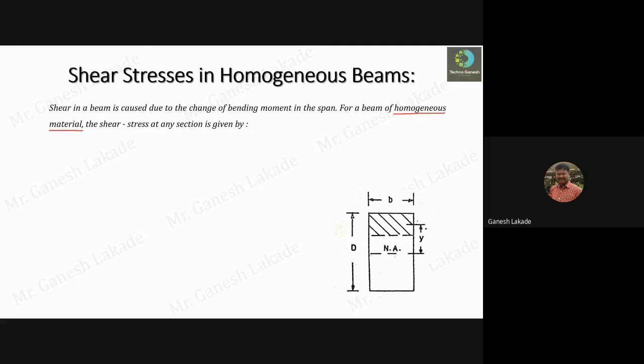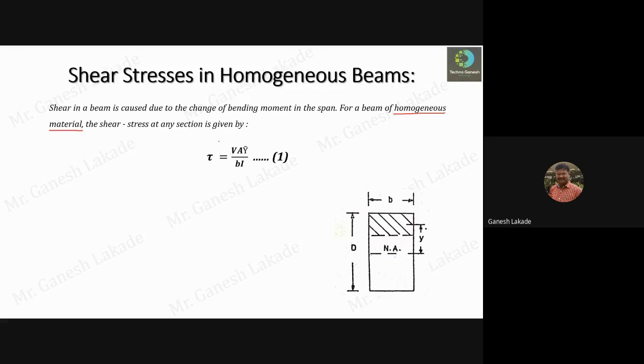But in case of a beam of homogeneous material, the shear stress at any section will be given by this equation. The symbol tau is normally adopted for representing shear stress, and V is used to denote the shear force.